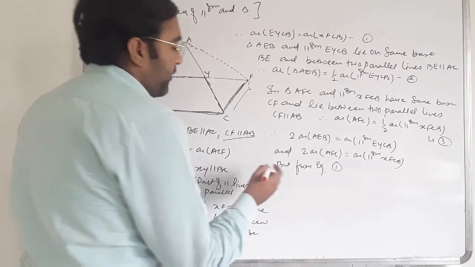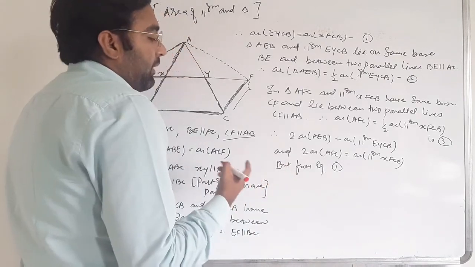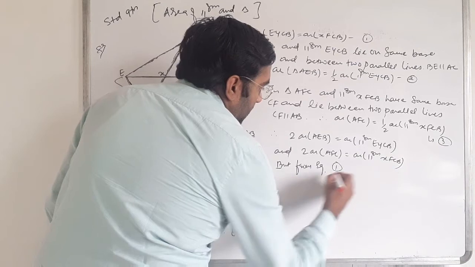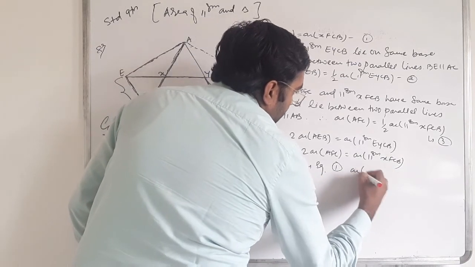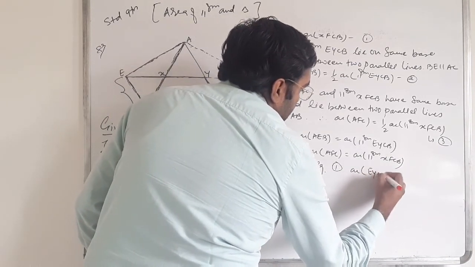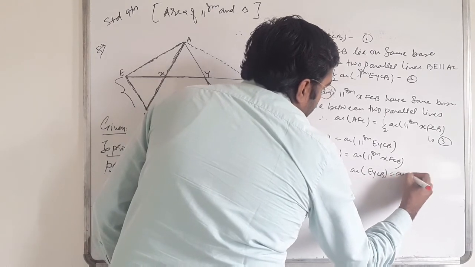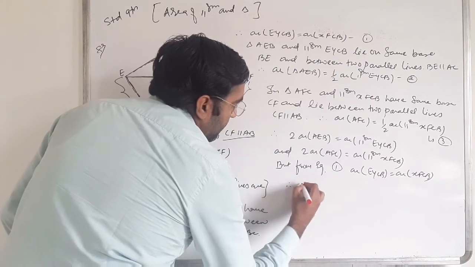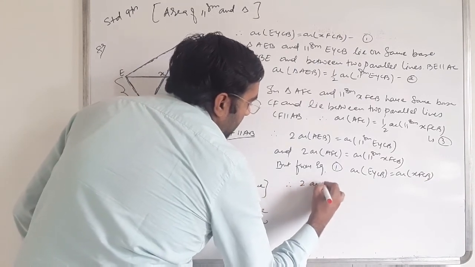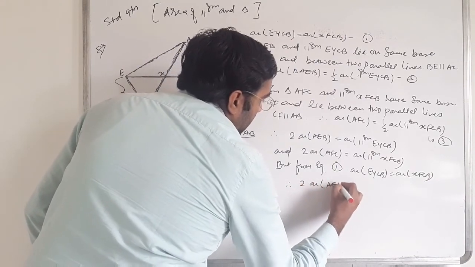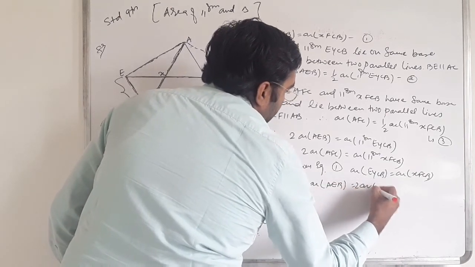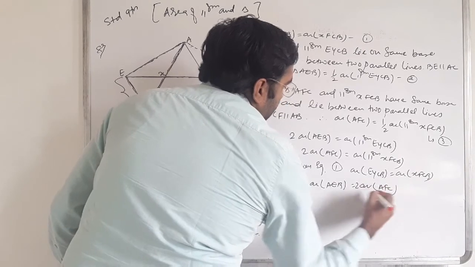But from equation 1, area of EYCB is equal to the area of XFCB, therefore we also write that 2 times area of AEB is equal to 2 times area of AFC.